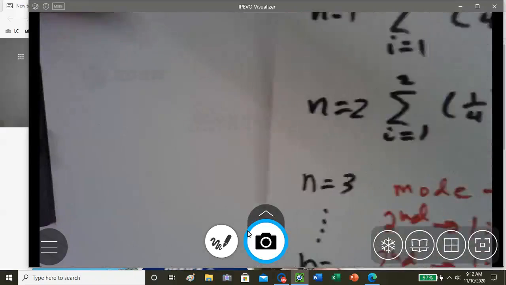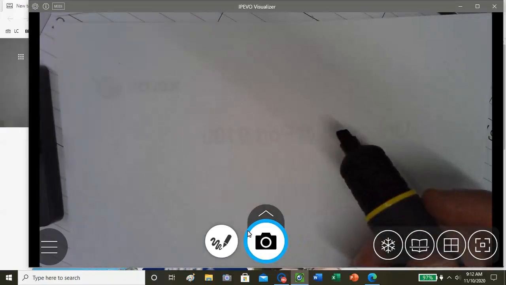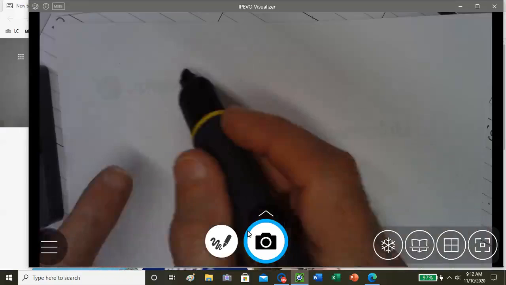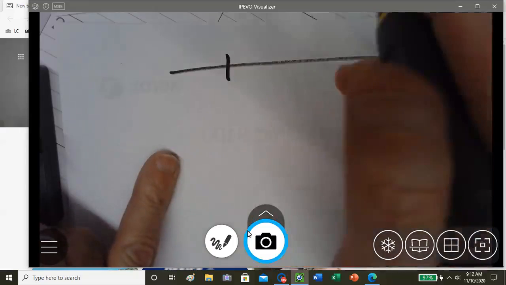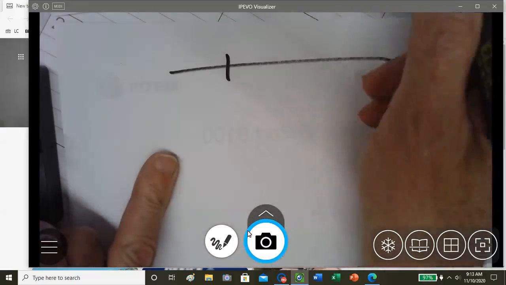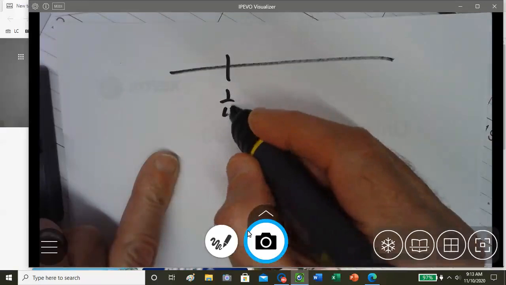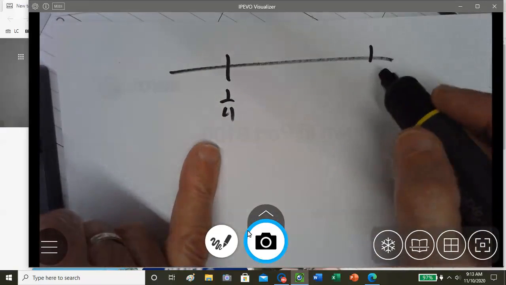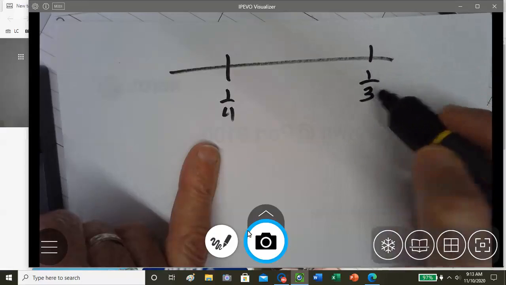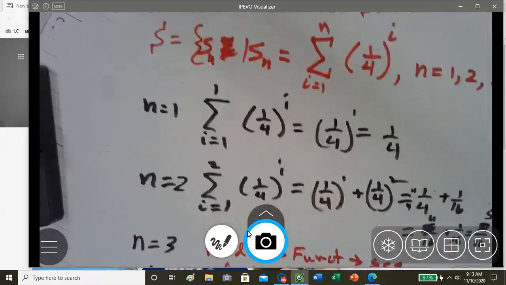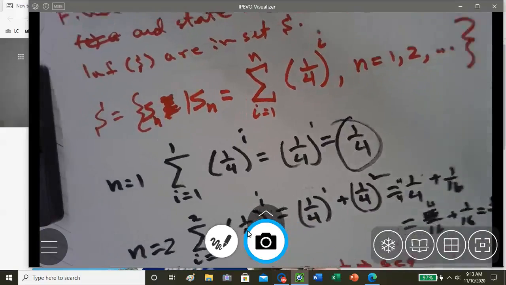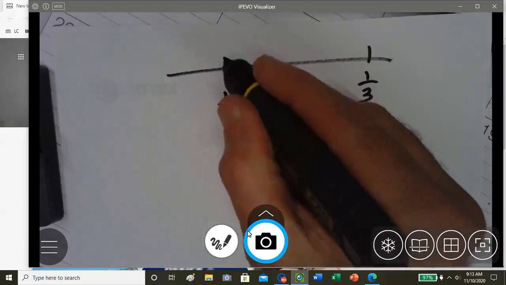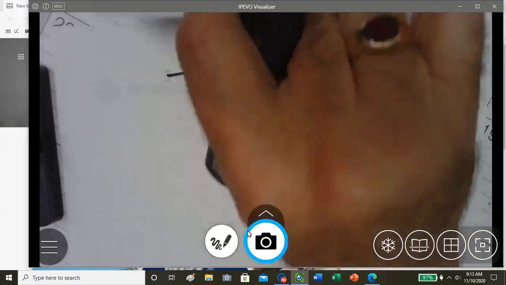Okay, so we can look at this. So let's take a look at what we have at this point. So here, if we look at this on a number line, now 1/3 is obviously larger than 1/4. So our infimum is 1/4, our supremum is 1/3. And we have a definitive number. It's not like it's tending to anything, it's there. So that's going to be closed.